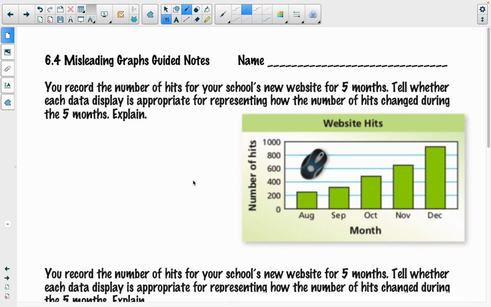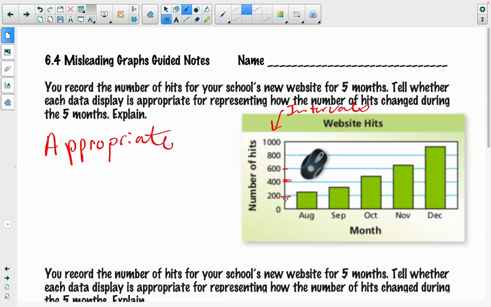Well, in this first one, this is appropriate, okay? So this is not misleading, because we can see that the scale, and that's always what you want to look at, these intervals. The intervals are by 200.